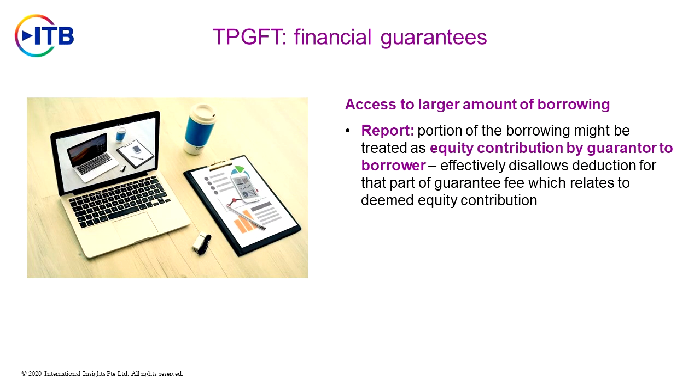In regard to access to a larger amount of borrowing, the report states that a portion of the borrowing might be treated as an equity contribution by the guarantor to the borrower, which would effectively disallow a deduction for that part of the guarantee fee which relates to the deemed equity contribution.